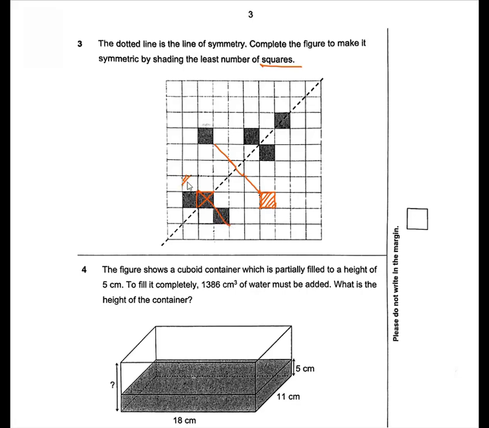So I have to shade it. If I shade this, then this square matches this square here, so these two are of equal size, and along this line they are now symmetrical. Now there's one more square here. I can draw a diagonal like this. This is one square. Where is the equivalent square here? It's not shaded, so I have to shade this square.